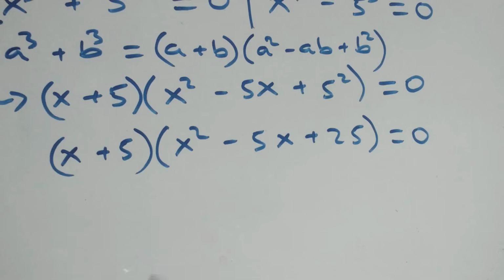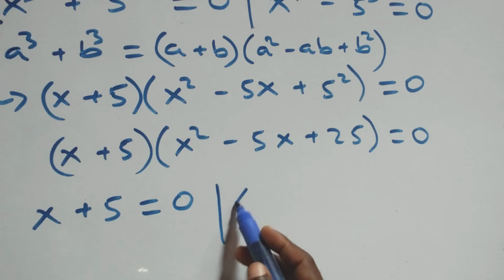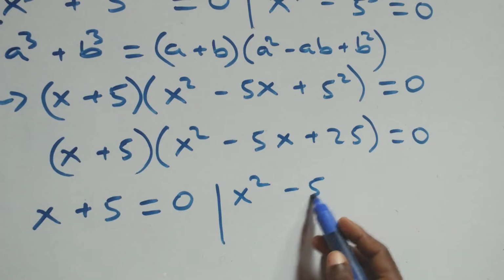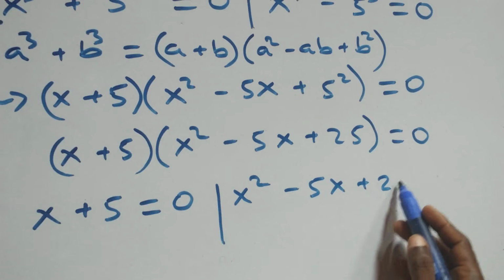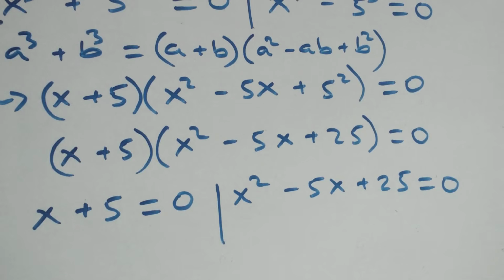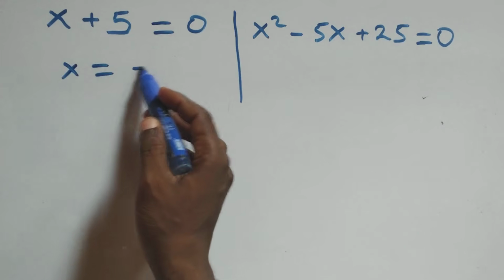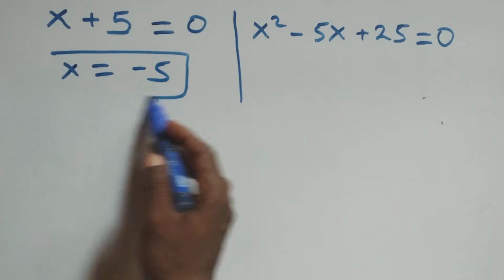Then here we have two possible cases. First one, x plus 5 equals 0, or we have x squared minus 5x plus 25 equals 0. Solving this side, we have x equals minus 5, which is a real solution.